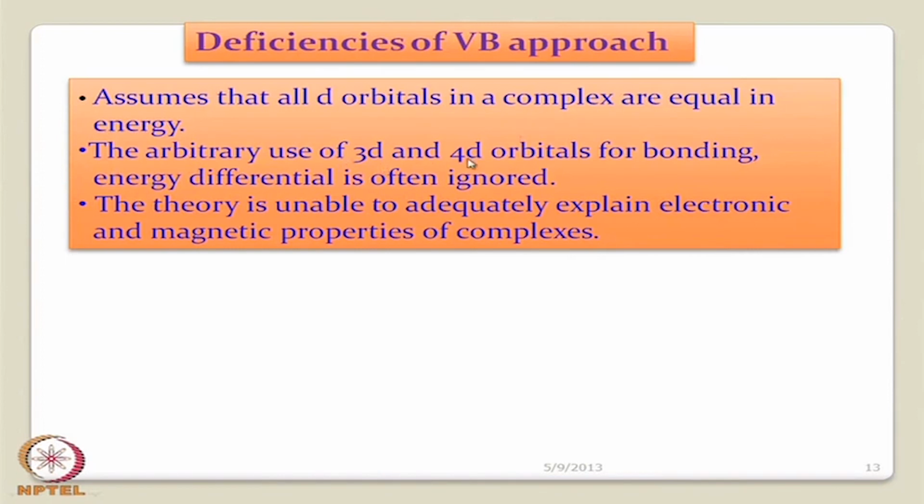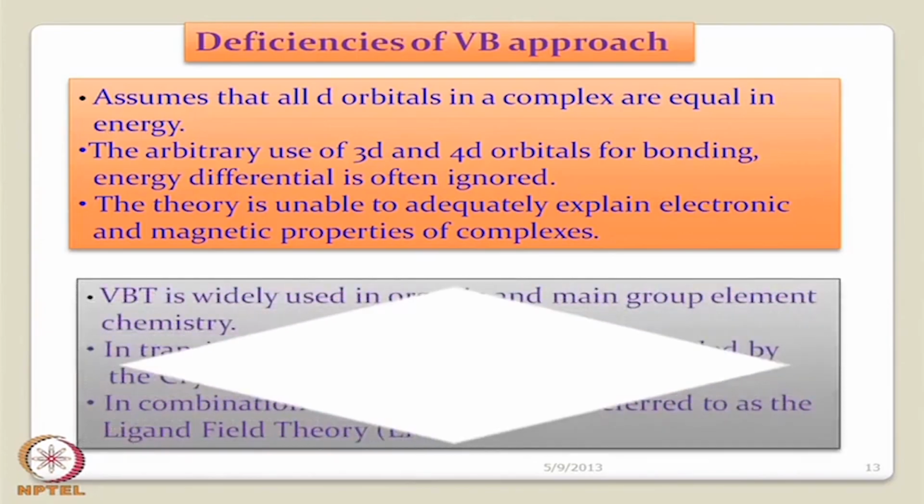There is also the arbitrary use of 3d and 4d orbitals, as we just saw, where by our choice we get the 3d level in one case and the 4d level in another to fix the magnetic moment, paramagnetic in one case and diamagnetic in another, ignoring the energy difference. The theory is therefore unable to adequately explain all the electronic and magnetic properties of the complexes.